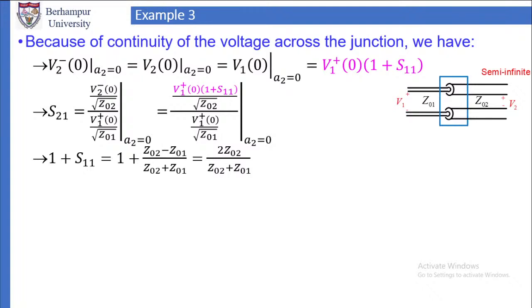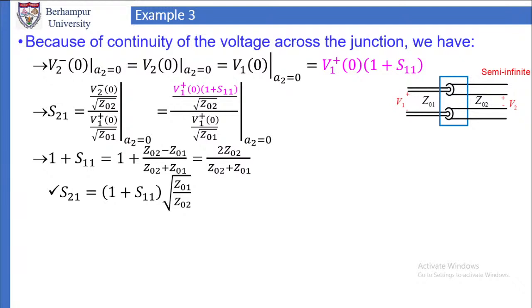Why is S11 the reflection coefficient? Since it is the reflection coefficient, it is (Zin minus Z0) by (Zin plus Z0). If you are looking from this side, side 1, then Z0 is Z01 and Zin is Z02. So (Z02 minus Z01) by (Z02 plus Z01) is S11.